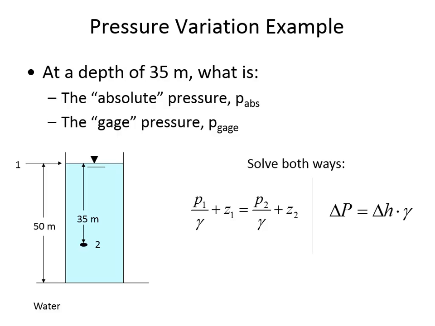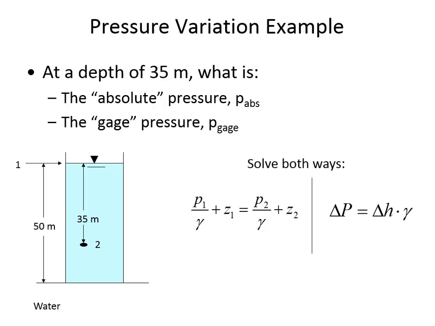We solve the hydrostatic equation for P2 and substitute in all the known values and find that the pressure at 2 in terms of absolute is 444,675 newtons per meter squared. So that is how much pressure there is at 2 relative to a vacuum where there's no pressure.